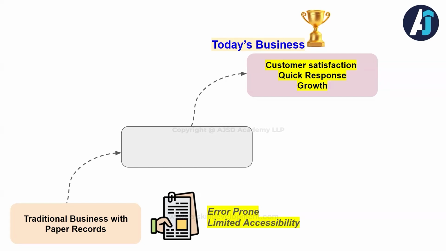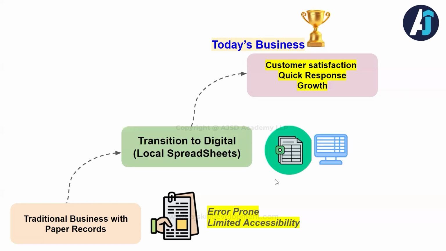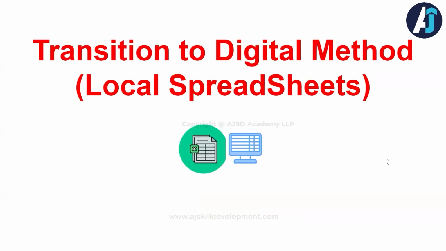The first method they implemented was local spreadsheets. They started to transition their business to digital with the help of local spreadsheets. So in this video, we are going to see this topic: the transition to the digital method, that is, local spreadsheets.